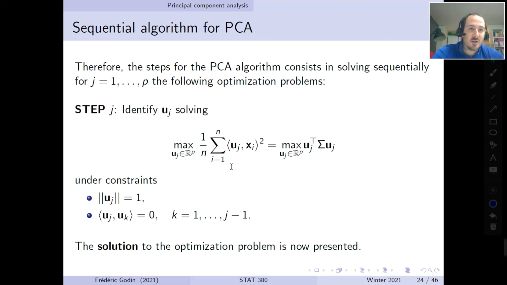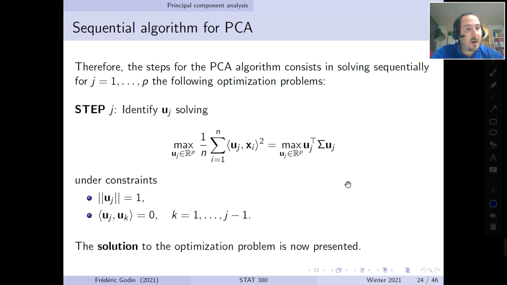As we just mentioned, this is equivalent to maximizing across all vectors in R^p the sample variance of the projection length, which we have shown in the previous slide to be uj transpose sigma uj.